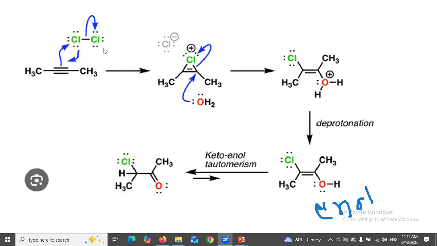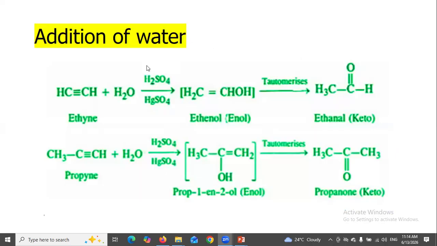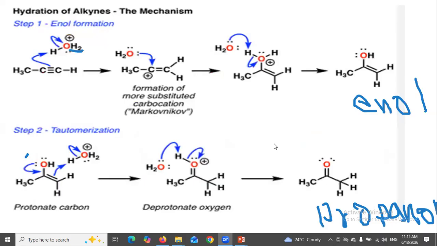Similarly for chlorine. Addition of water: water can react with the alkyne and produce propanone. Water starts by attacking with its electrons, forming an enol at the more substituted carbocation, following Markovnikov's rule.